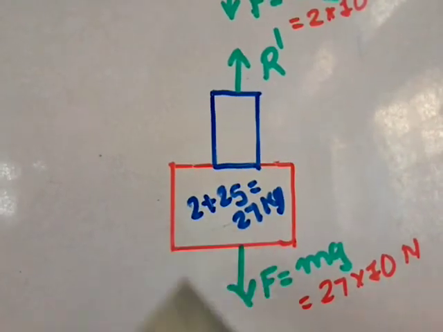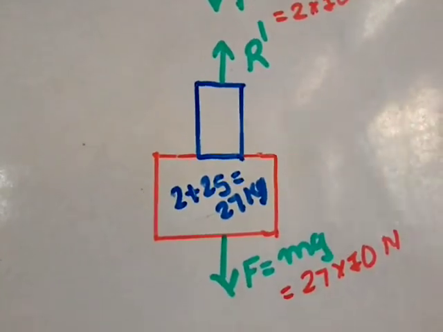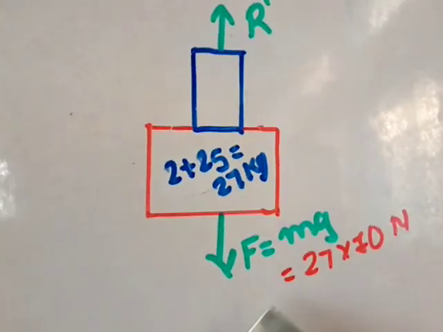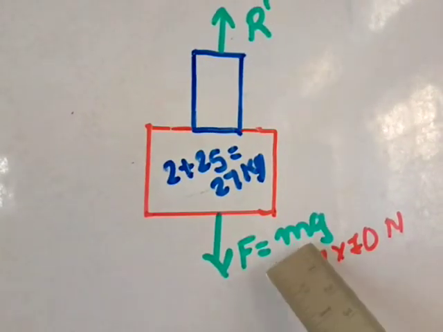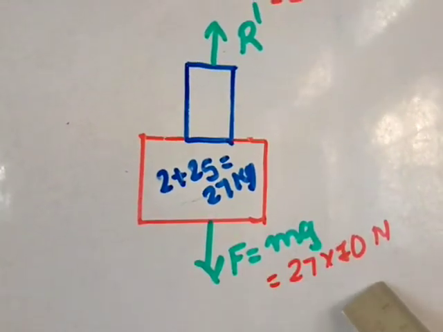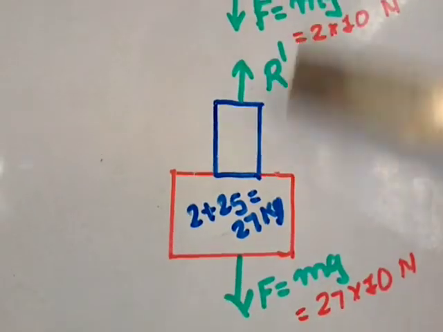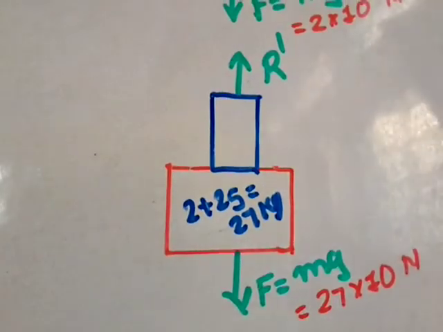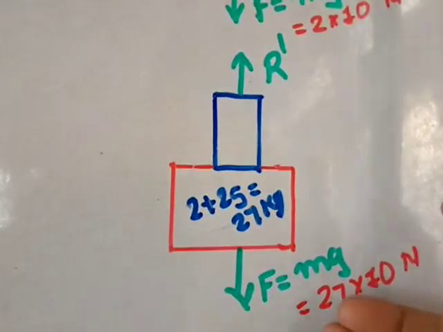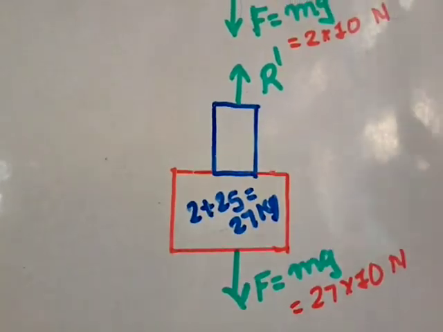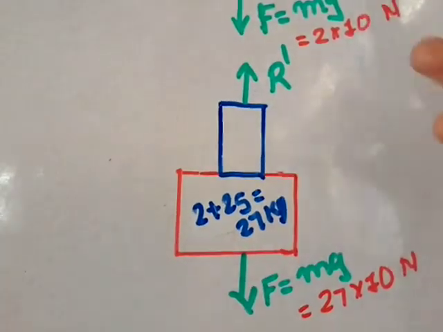The gravitational force on this system will be downward, F equal to mg. Mass will be now 27 into g, which is 10, so it will be 270 Newton. And the reaction force will be upward, that is R dash. Since it is going down, here R dash and this F will not be the same. They will be different, and we shall find out the value of R dash.